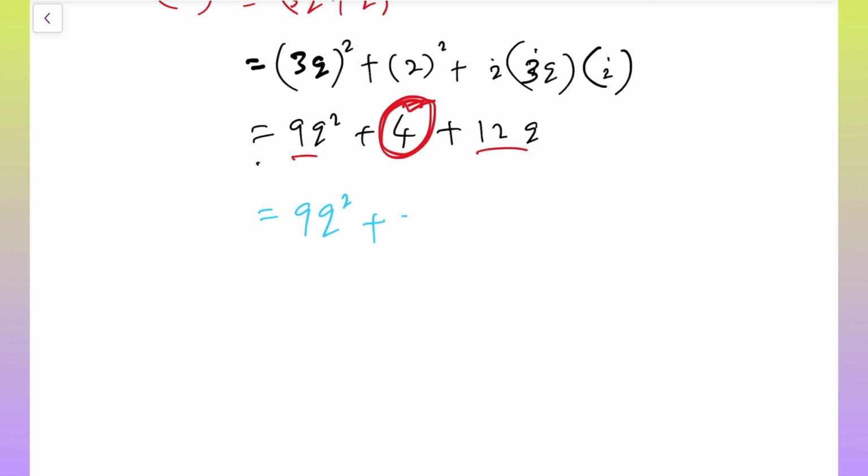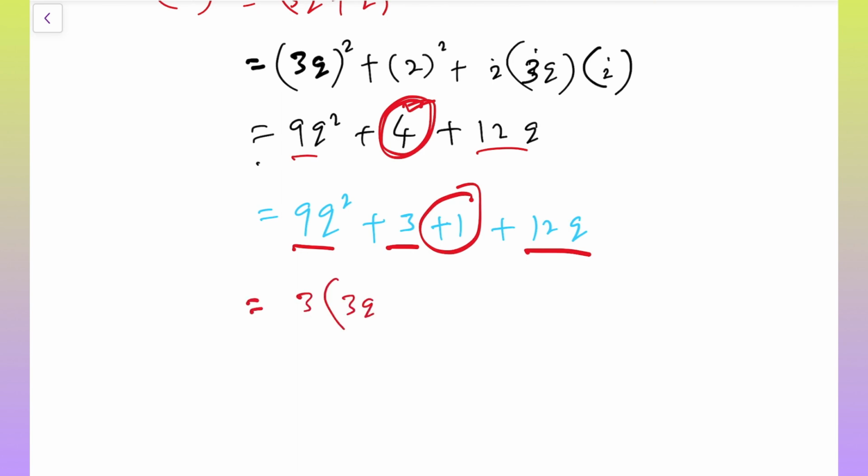So 4 can be written as 3 plus 1, plus 12q as it is. Now from 9 we can take out 3 common, from 3 also, from 12 also. This 1 I will write last as usual. So if we take out 3 common, we remain with 3q square plus 1 plus 4q, and this last plus 1 as usual. So now it is in the form of 3p plus 1, where p is equal to this total bracket.